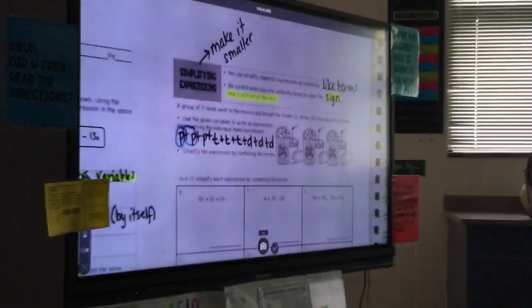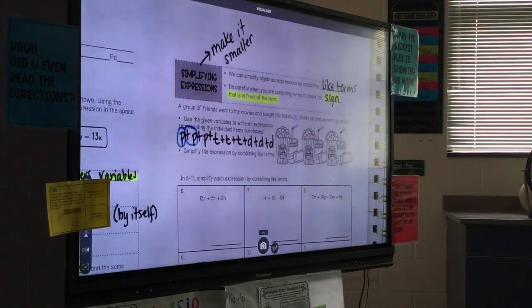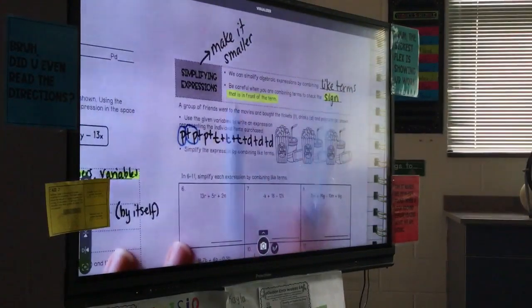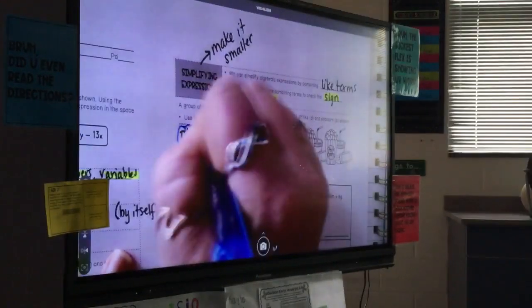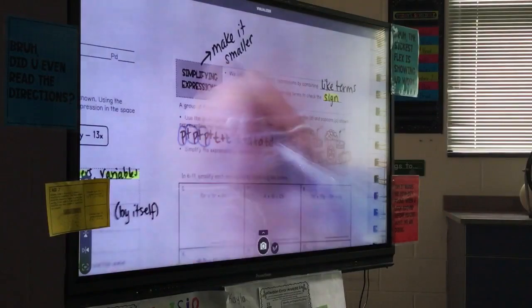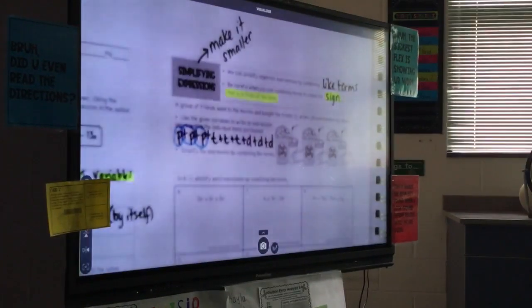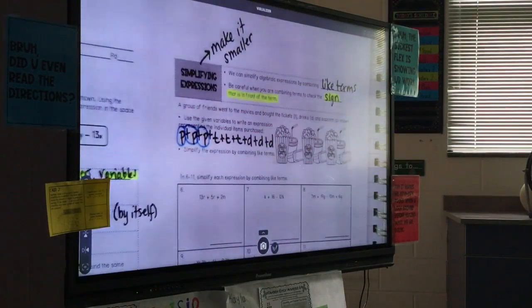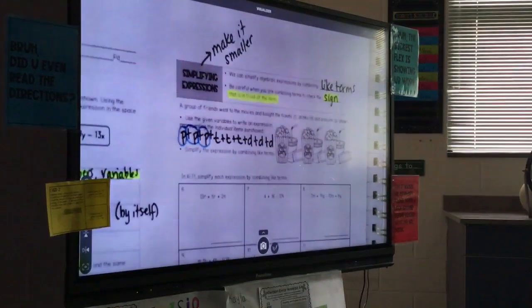Because it's positive and the plus showing that it's positive. Right. So, just like I said here, be careful when combining like terms to check the sign in front. So we're going to include all the signs in front. So whatever color you did, you circled the P, you need to change your color and circle the T's, and then change your color and circle the D's.